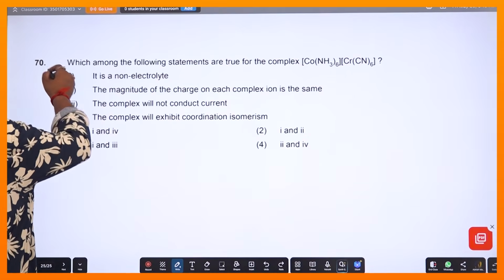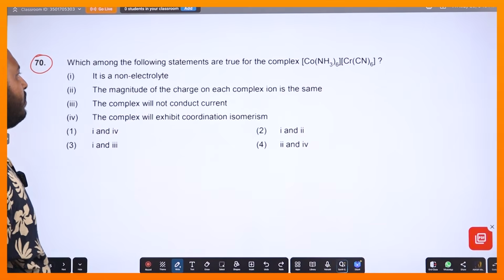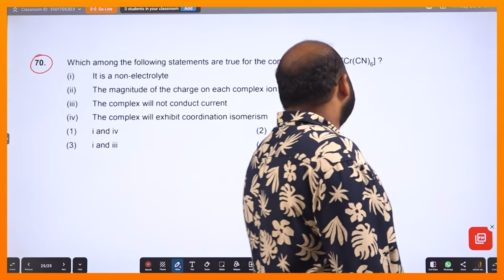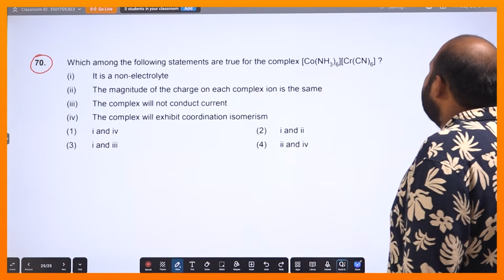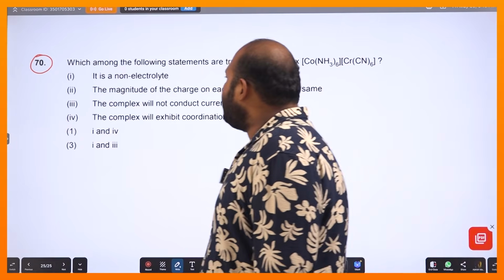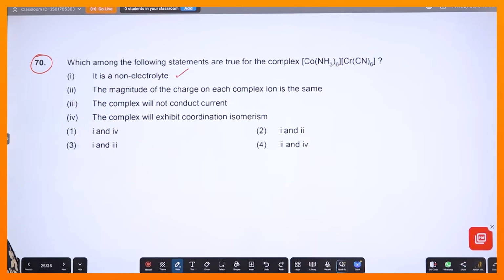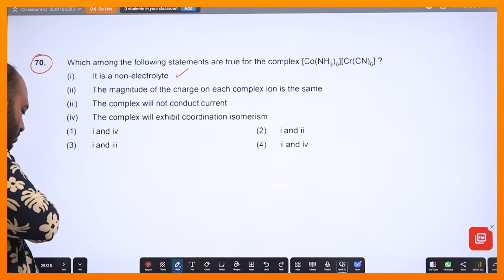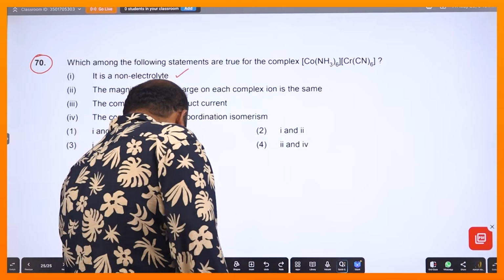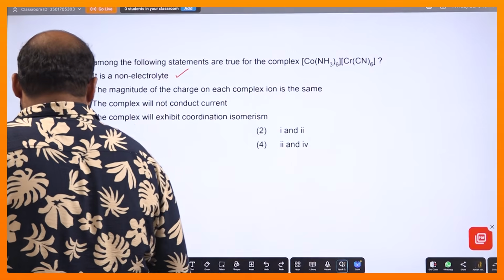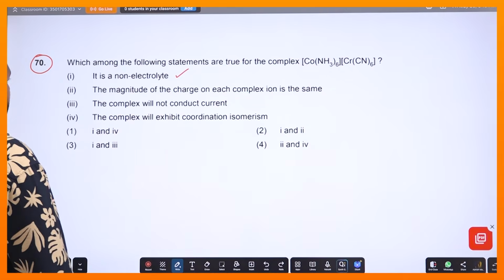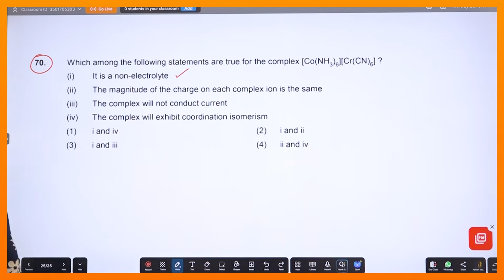Next we come to question number 70. Which among the following statements are true for the complex Co(NH3)6 and Cr(CN)6. So as you can see, the very first option is it is a non-electrolyte. Yes. Next, it is saying the magnitude of the charge on each complex ion is same.